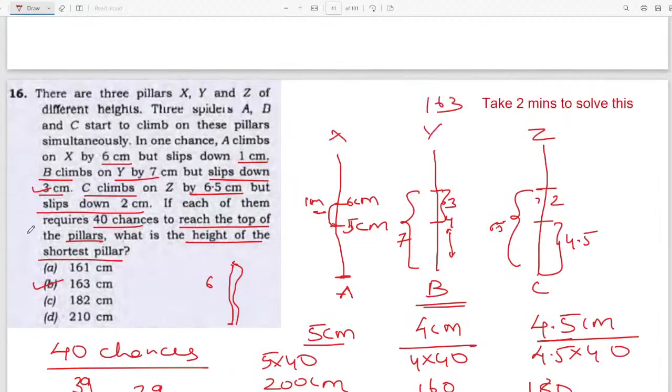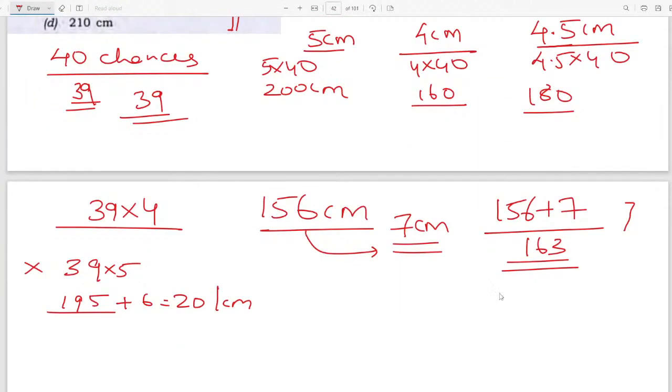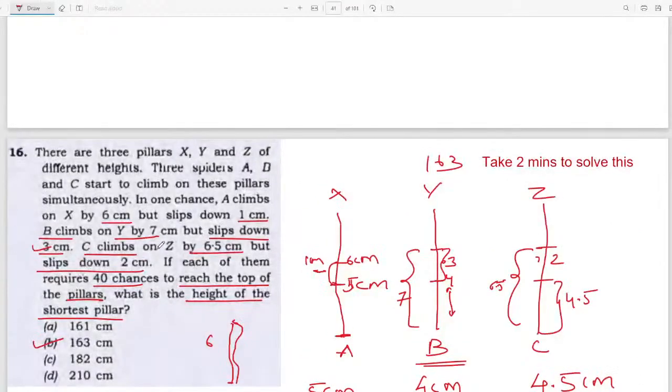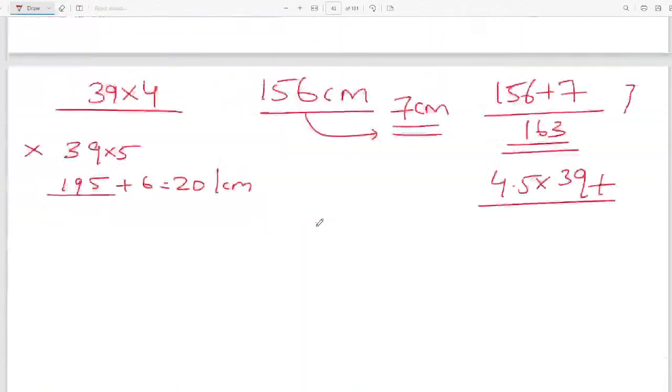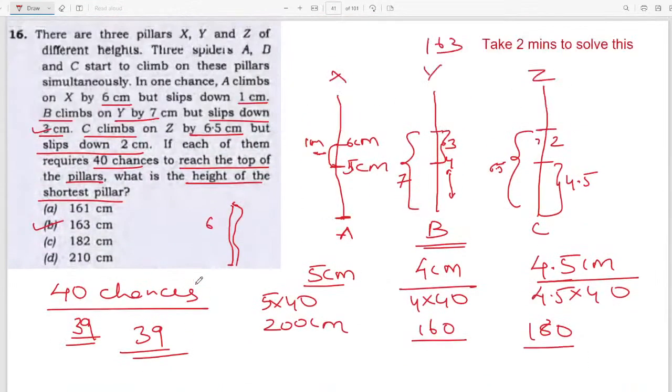And for pole Z, it would be 4.5 into 39, then again plus, this is Z climbs by 6.5. So I hope this is clear why option B is correct and not option A. If there is still any doubt, please post it in the chat section. For people who have got option A, please let me know whether this is clear or not.